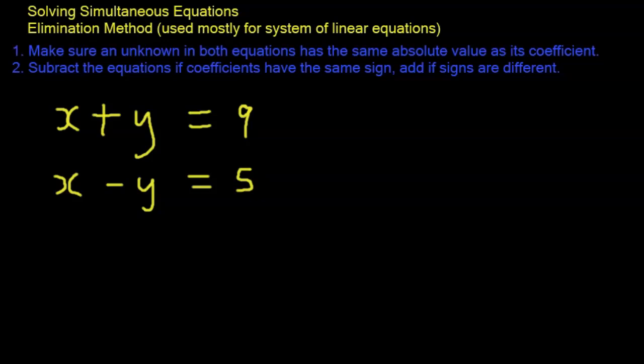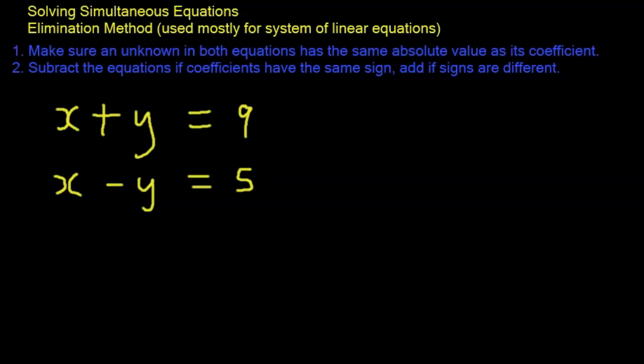What's absolute value? Absolute value is the distance of the value from 0 on the number line. So 2 and negative 2 have the same absolute value, because both are equidistant from 0: the distance from 0 to 2 on the number line is the same as the distance from 0 to negative 2.